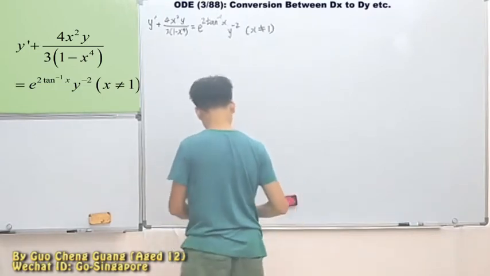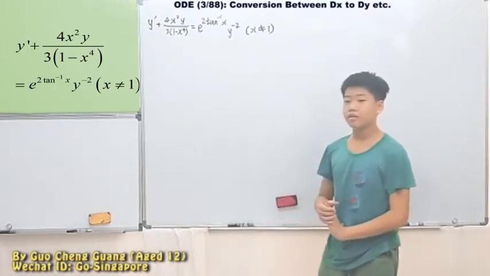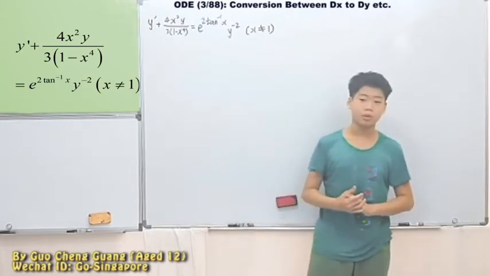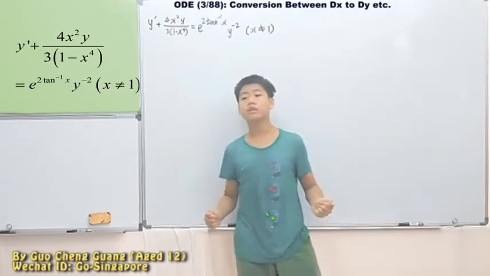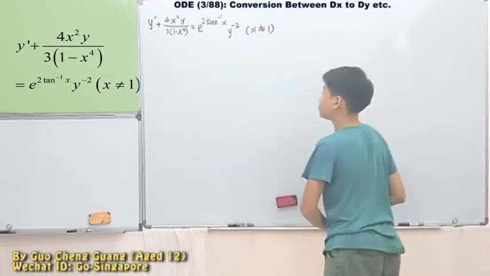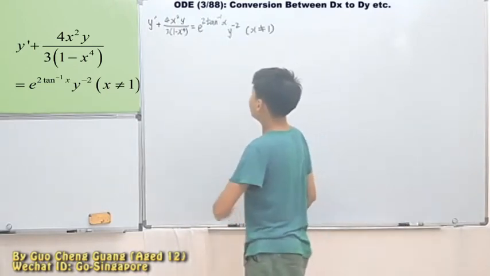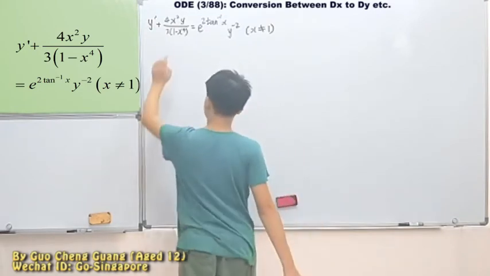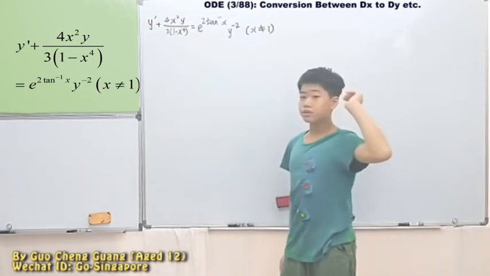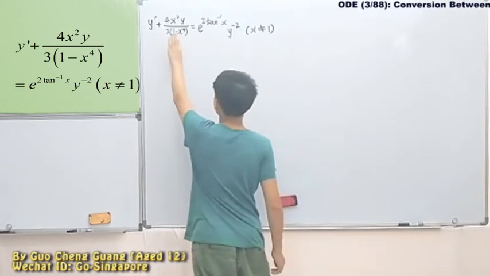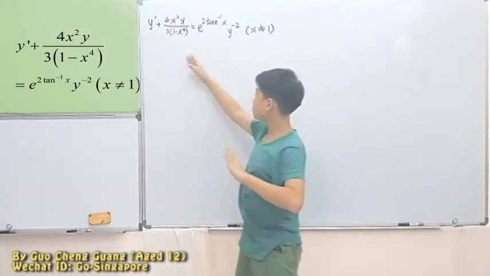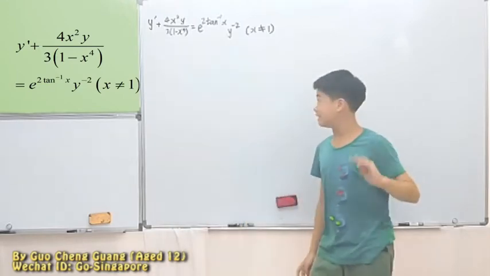But first of all, for this question, let's first analyze it. What type of ordinary differential equation is this? The first part here is the first order. Power of 4 and square, that means this part is non-linear.